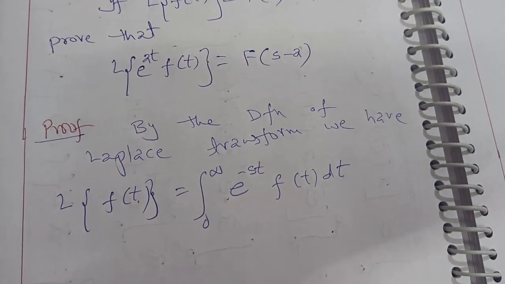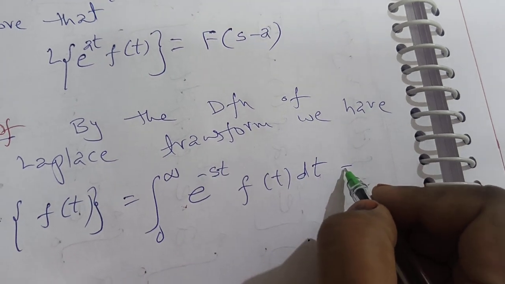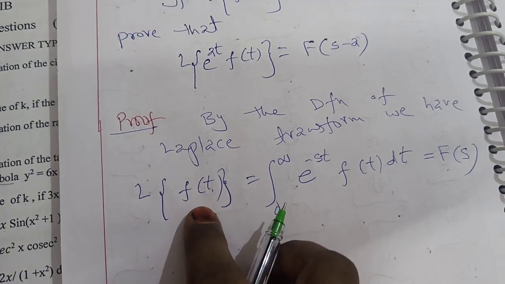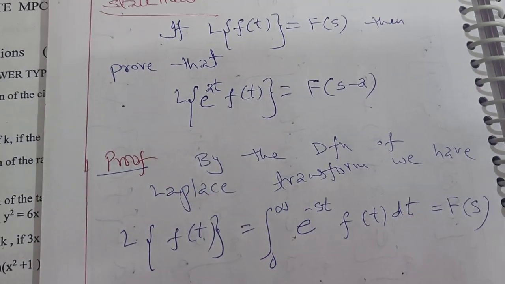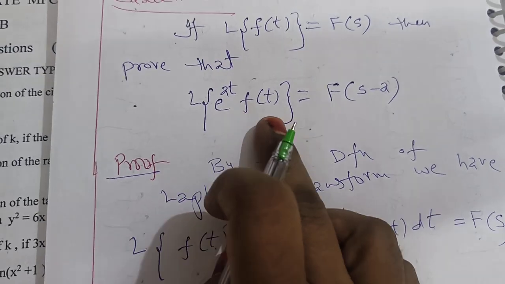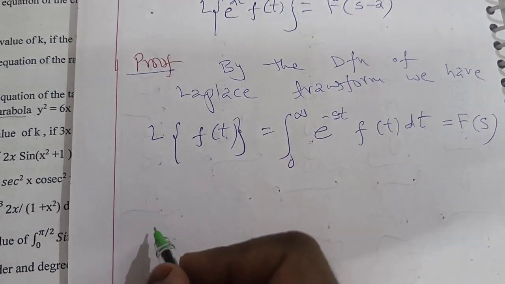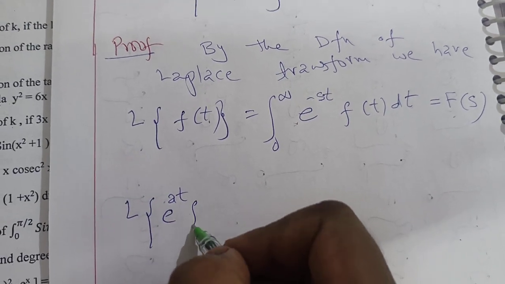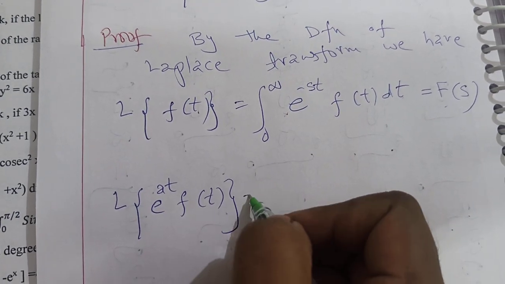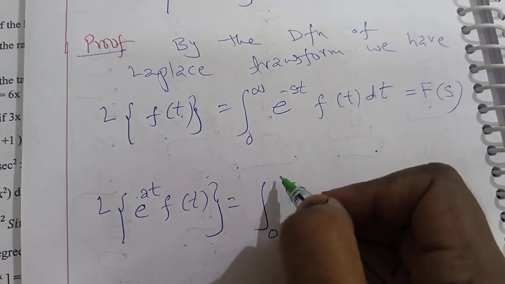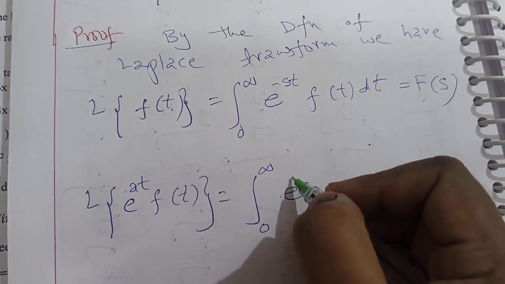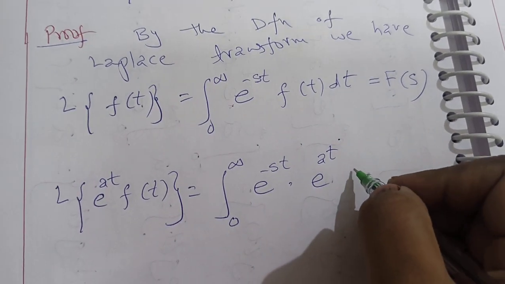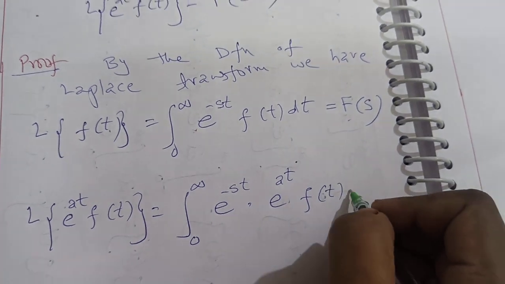This is our Laplace transform definition, and we know that this is equal to capital F of s. Now in place of this f of t, we are taking e to the power of at into f of t. So substitute here L of e to the power of at into f of t is equal to integral 0 to infinity e to the power of minus st into e to the power of at into f of t dt.